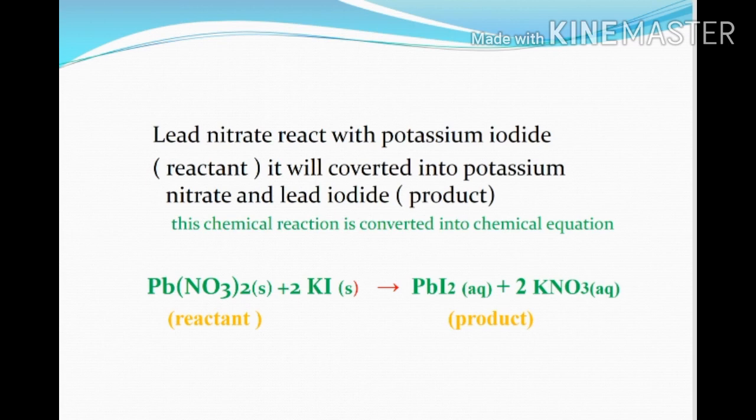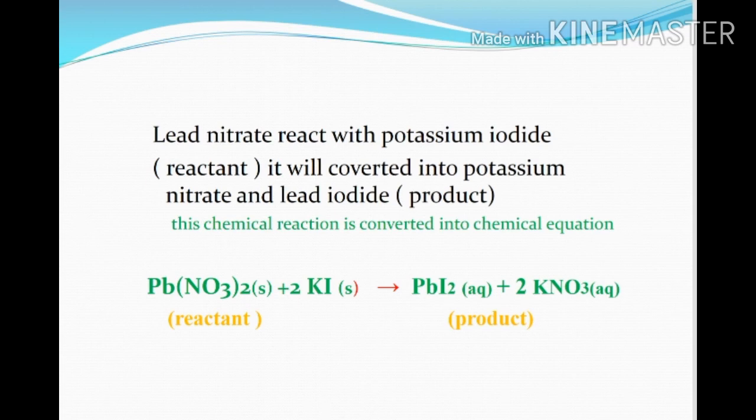This arrow head is pointing toward lead iodide and potassium nitrate, PbI2 plus 2KNO3, meaning this reaction is proceeding in the forward direction, right? So PbI2 plus 2KNO3 are the product entities.